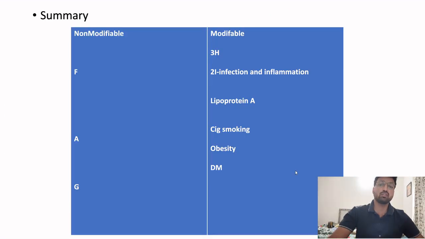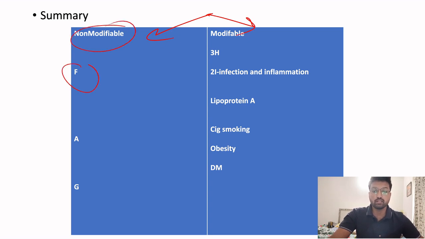Okay, let's just revise quickly. We have divided the risk factors into non-modifiable and modifiable. Non-modifiable are family history, age, and gender, FAG. When we talk about modifiable risk factors, we are talking about hypertension, hyperlipidemia, and homocystinemia.